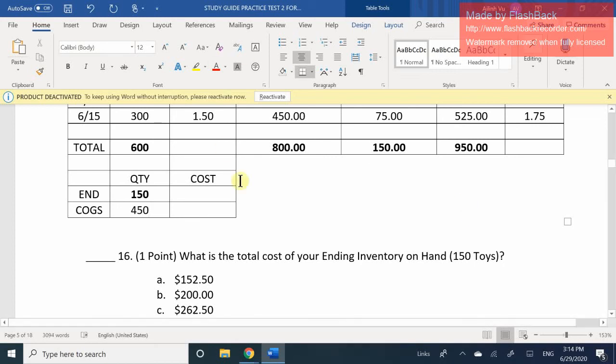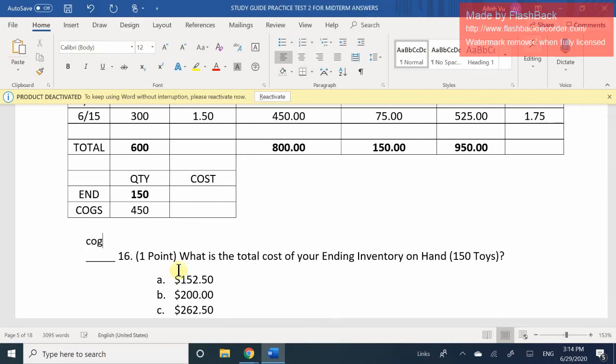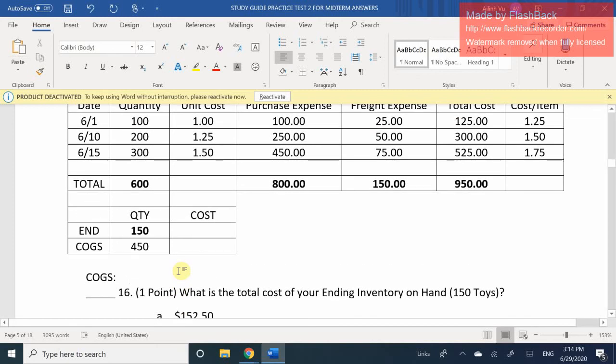We only have 600 available, and we have a total of 150 on hand. So therefore, we have sold 450.